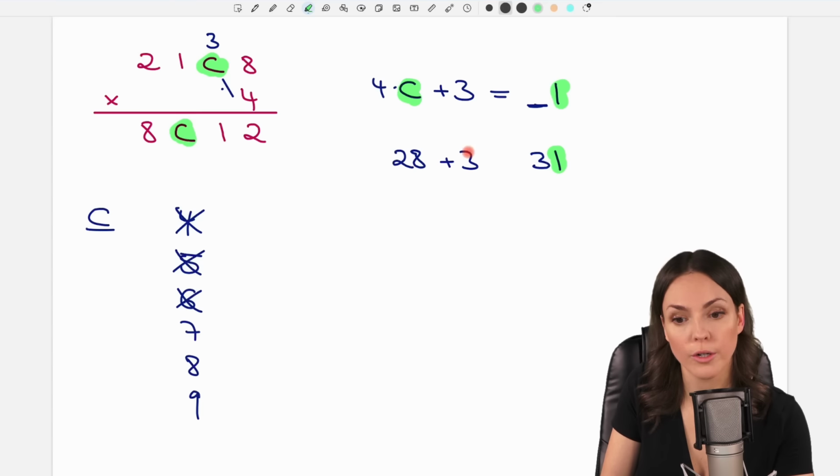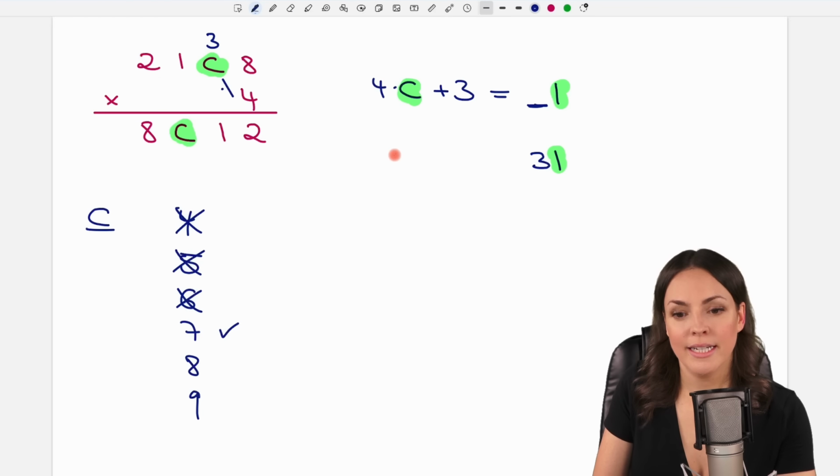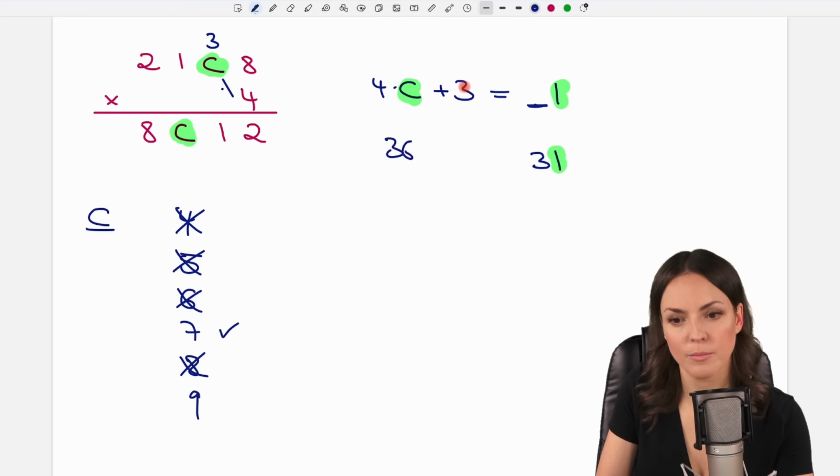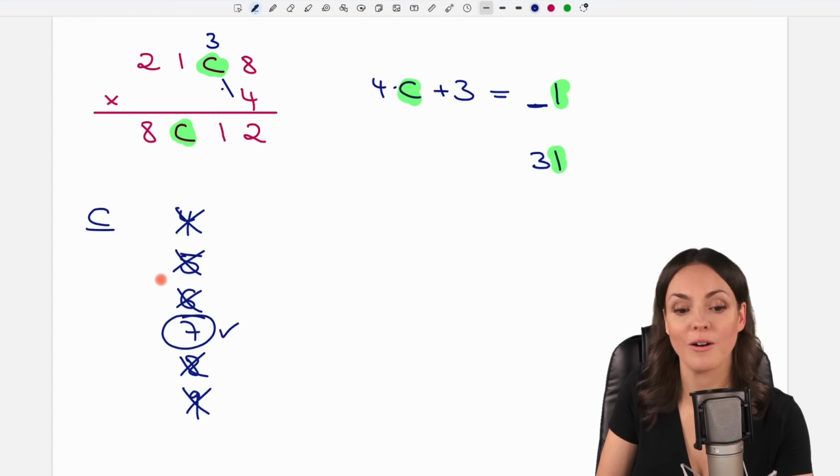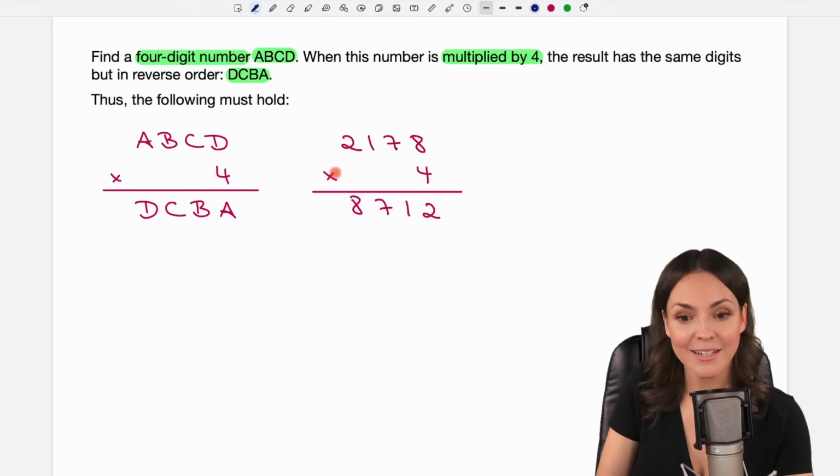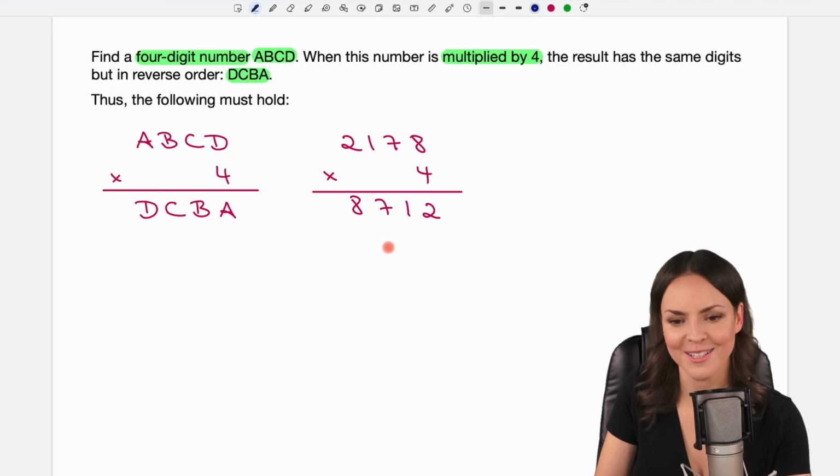This would work, so the 7 looks good. The 8, 4 times 8 equals 32, plus the 3, no, doesn't give us a 1 at the end. And the 9, 4 times 9 equals 36, plus the 3, no, doesn't work. But the 7 is the only one that worked, so our C is 7, and we solved this puzzle.